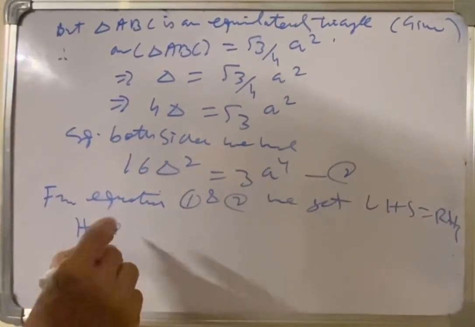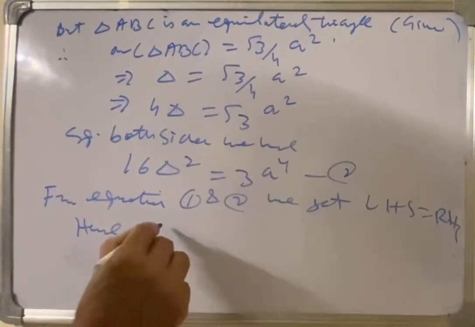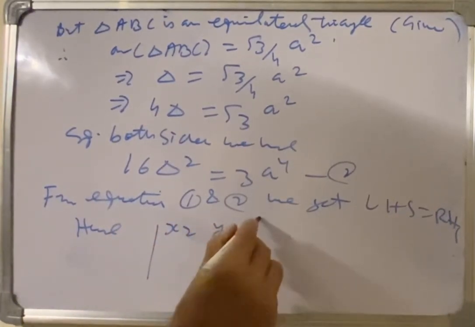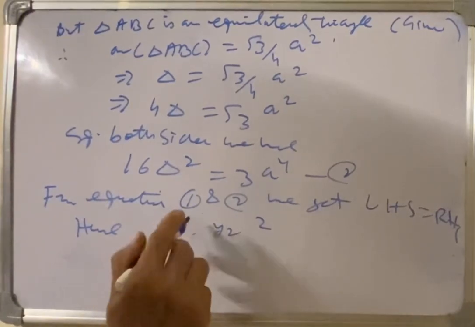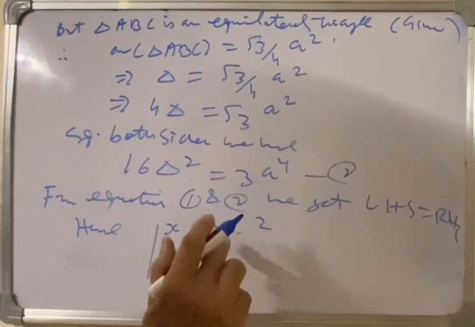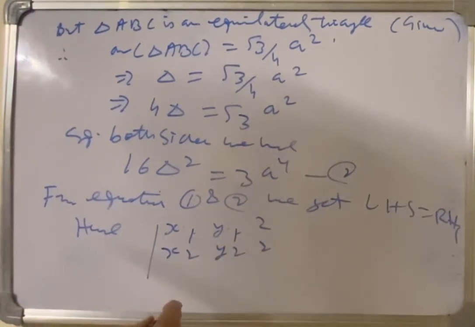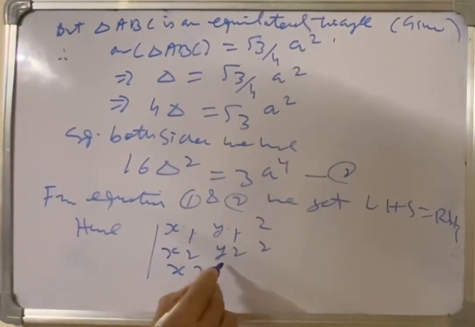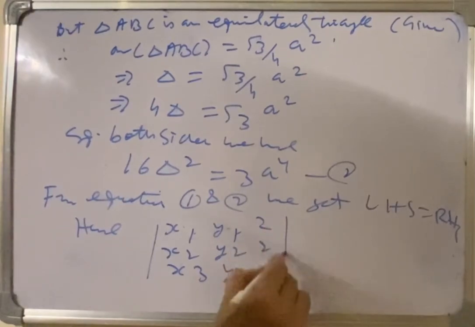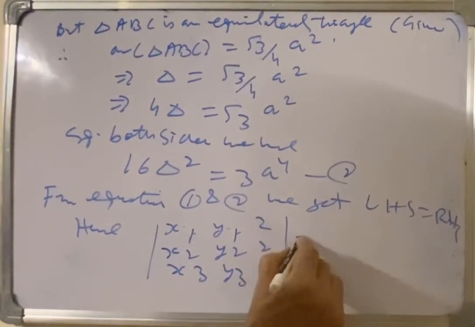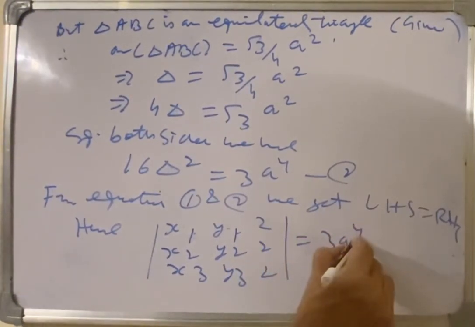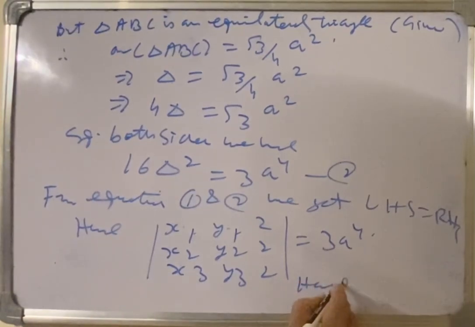Hence, the determinant x1 y1 2, x2 y2 2, x3 y3 2 whole square is equal to 3a raised to 4. Hence proved.